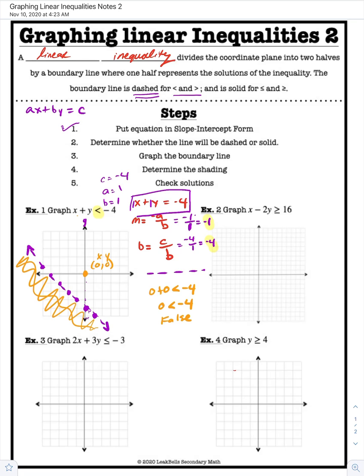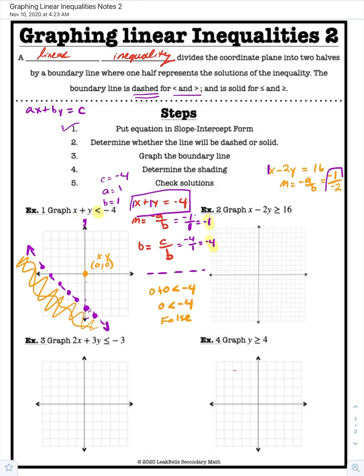First off, recognize without the inequality, this would be x minus 2y is equal to 16. So to turn it into slope-intercept form, the slope is negative a divided by b, right? So that's negative 1 divided by negative 2. And it's negative 1 because remember x is alone, so it's 1.